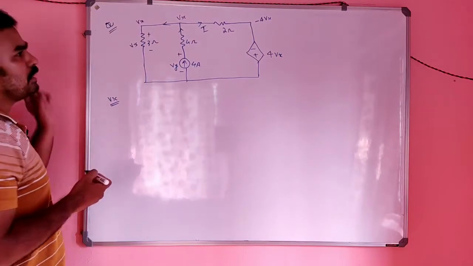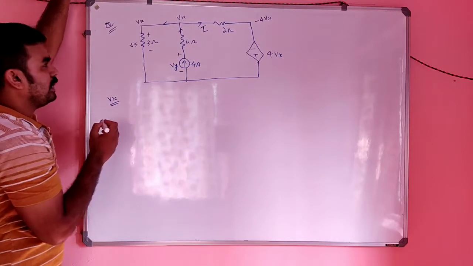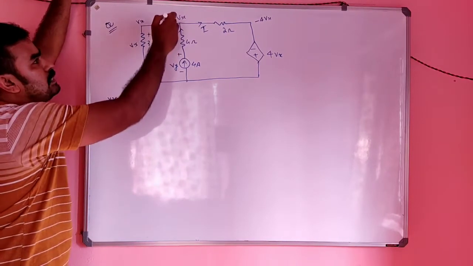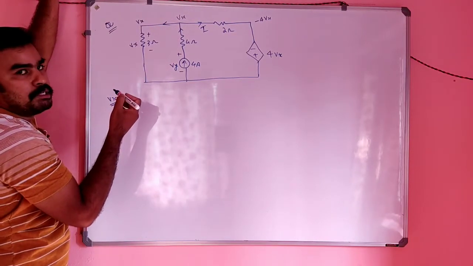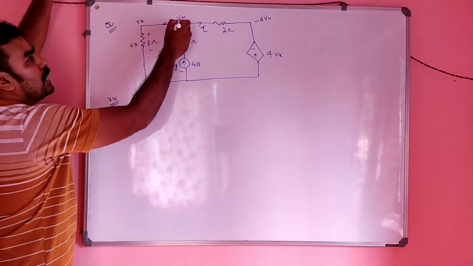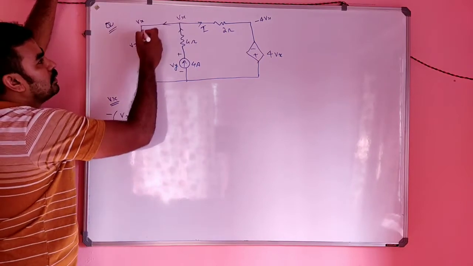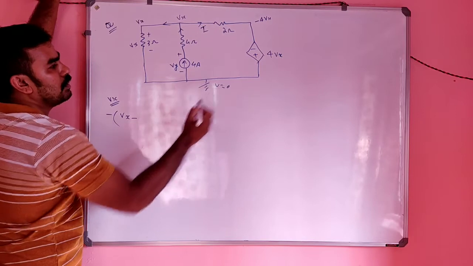Let's apply nodal here. This is an outgoing current, so we write the equation as minus of, because it is outward, the voltage where it starts minus the voltage where it ends. This is our reference, V equal to 0, the reference line.